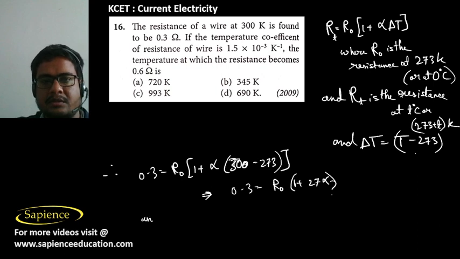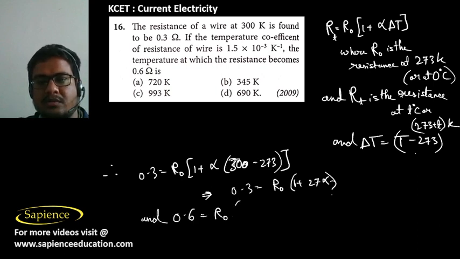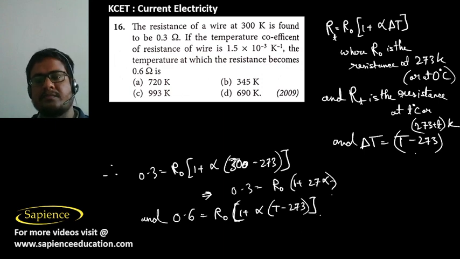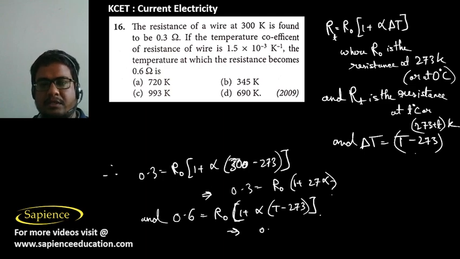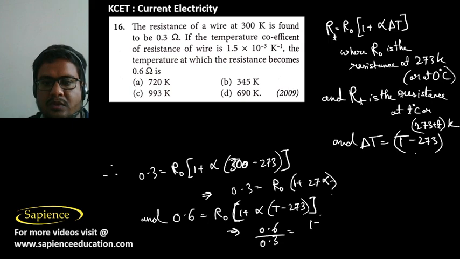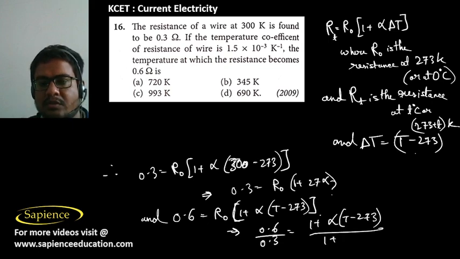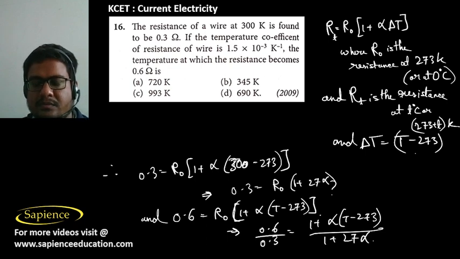And it is told 0.6 ohm, at which temperature that is asked, that is equal to R naught into 1 plus alpha into T minus 273. So now if we take the ratio, then we will get 0.6 by 0.3 equal to 1 plus alpha into T minus 273 divided by 1 plus 27 alpha. So alpha value is also given here.